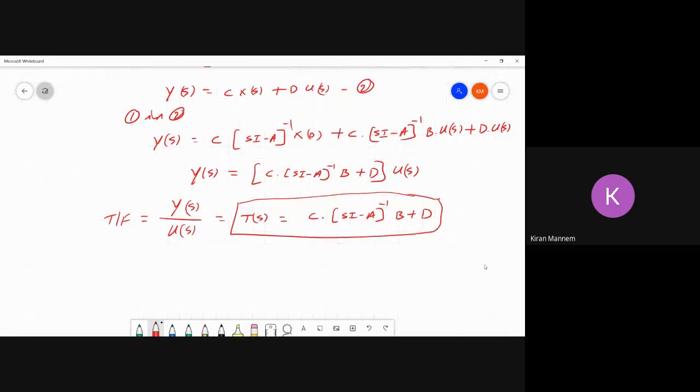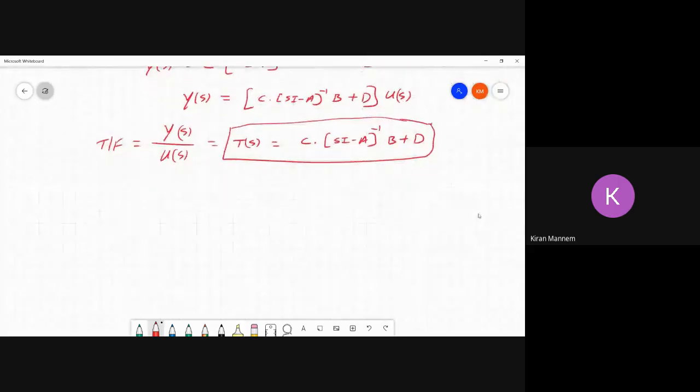So let us quickly do one example on this model. Example: obtain the transfer function of a system described by the state model.